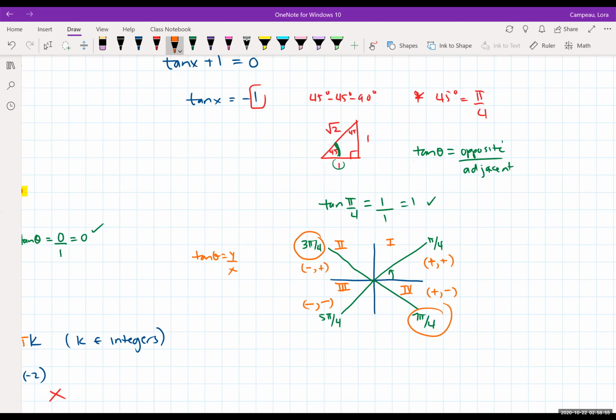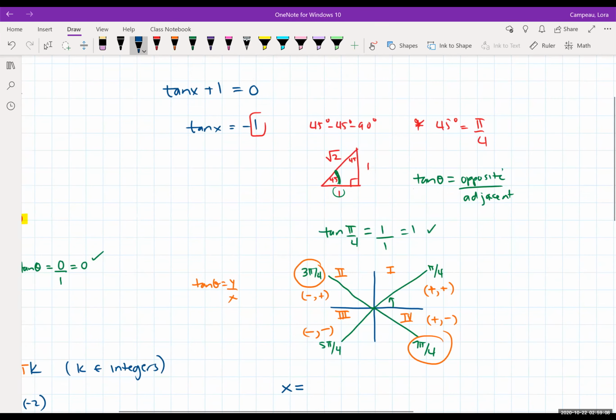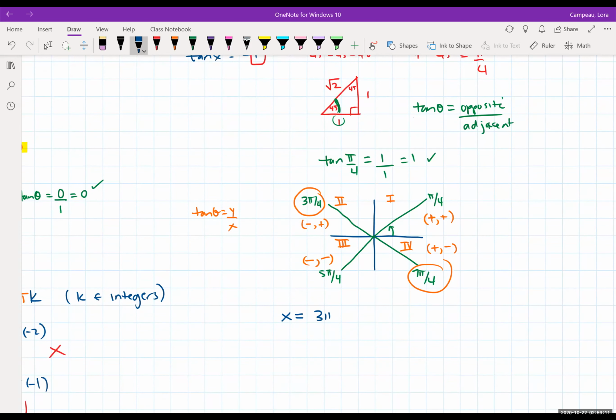So that 7 pi over 4 is another potential solution. So we can finally say that our solutions, x should equal, according to the interval 0 to 2 pi, 3 pi over 4 or 7 pi over 4.